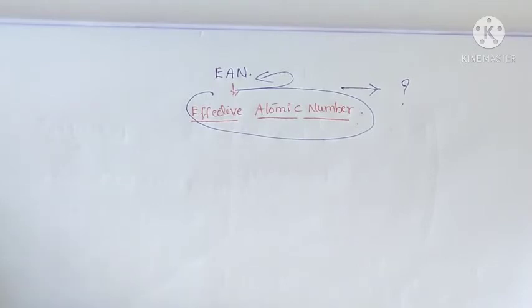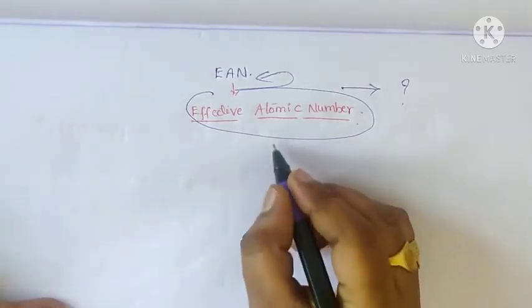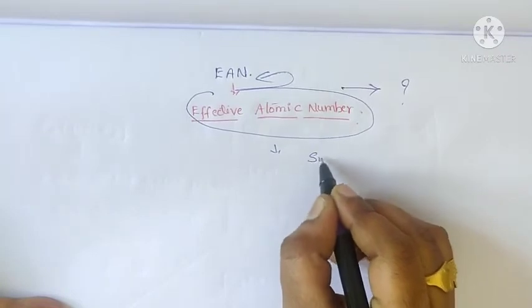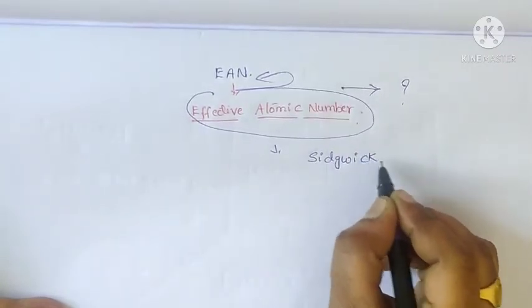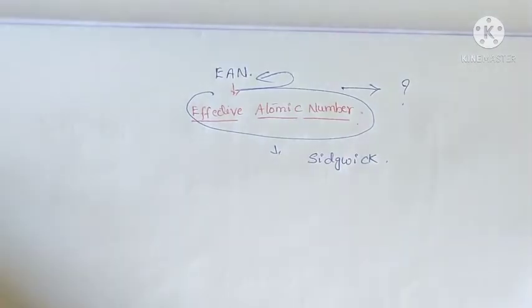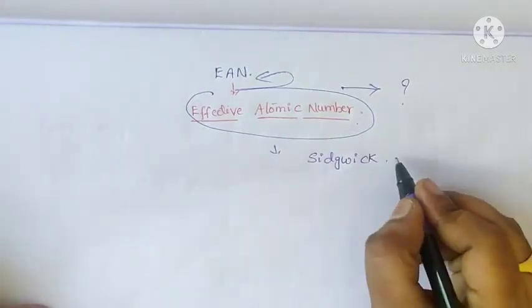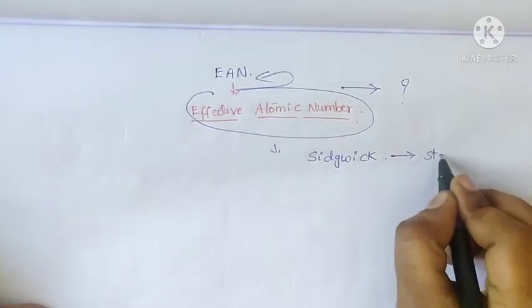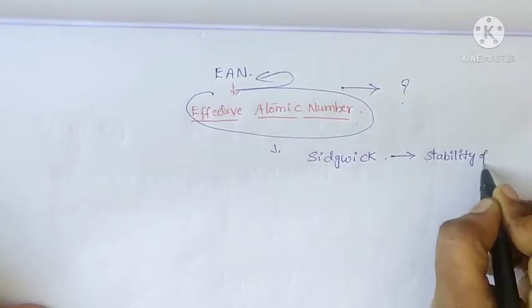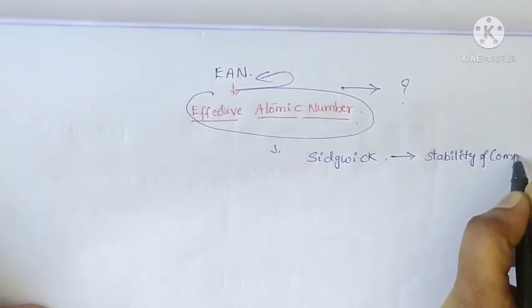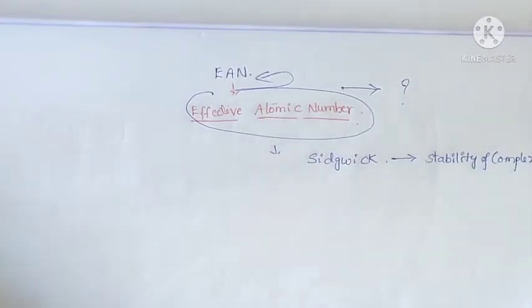Okay students, what is the formula of EAN? How to calculate EAN? This EAN was proposed by Sidgwick. Sidgwick proposed effective atomic number to explain the stability of the complex. EAN should explain the stability of the complex ion.